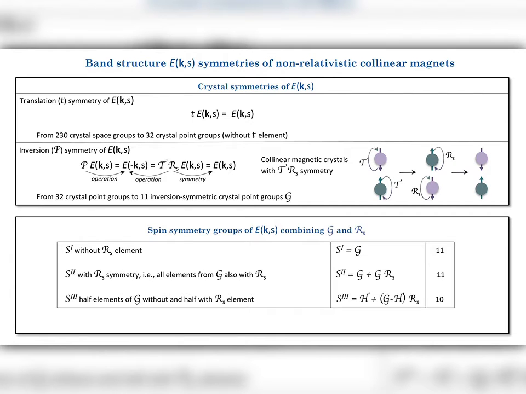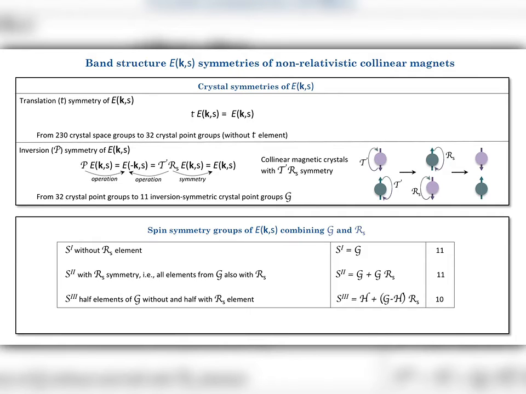The observable that we want to describe by this spin group theory is the momentum and spin-dependent band structure. So this is one of the fundamental observables in any system. Let's take a look at what type of crystal symmetry operations we need to consider when we want to classify these band structures.